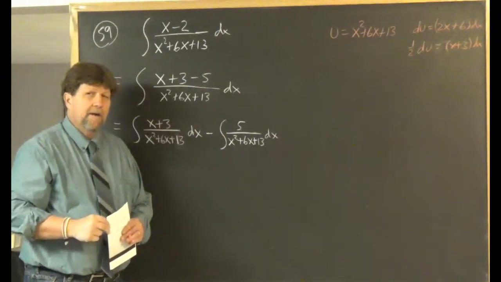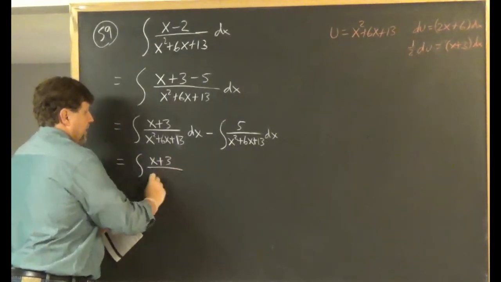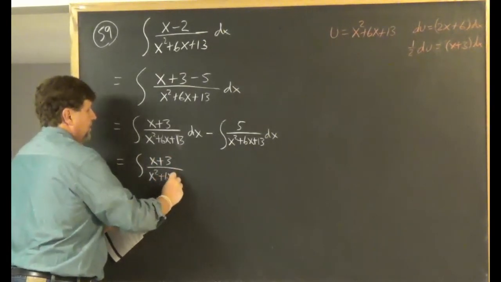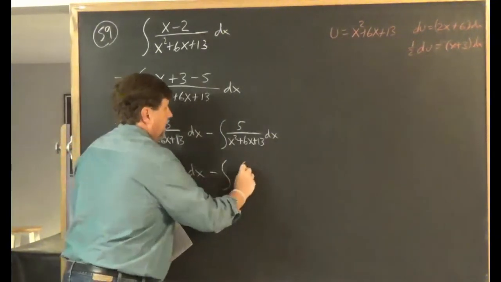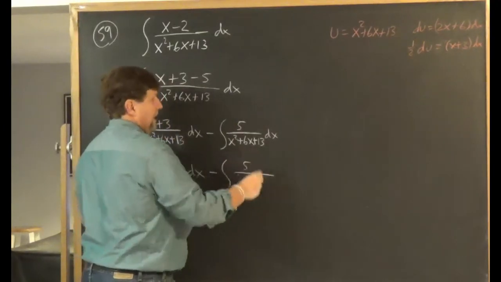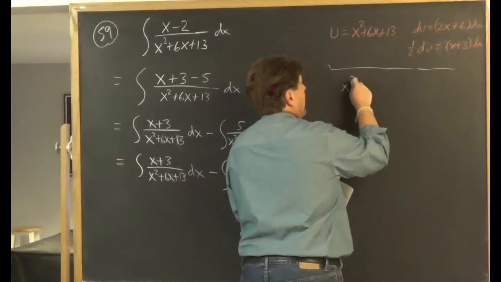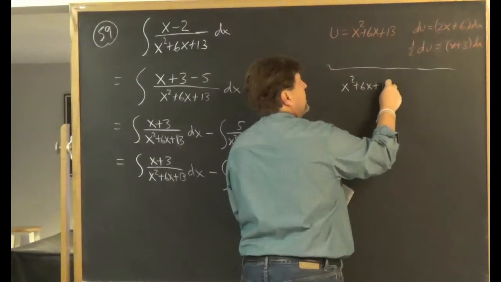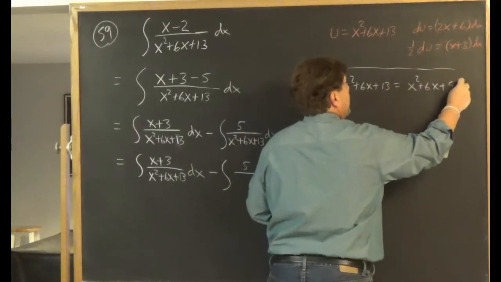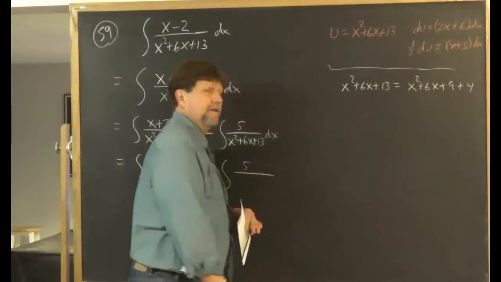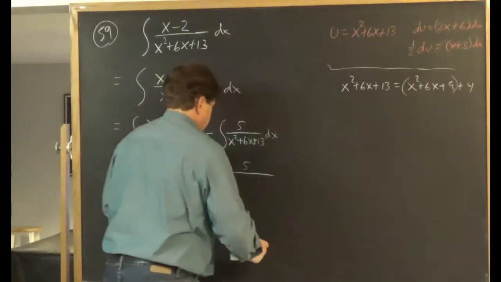Complete the square on the denominator. If I write this denominator, x squared plus 6x plus 13, as x squared plus 6x plus 9 plus 4, 9 plus 4 is 13, then this is a perfect square.